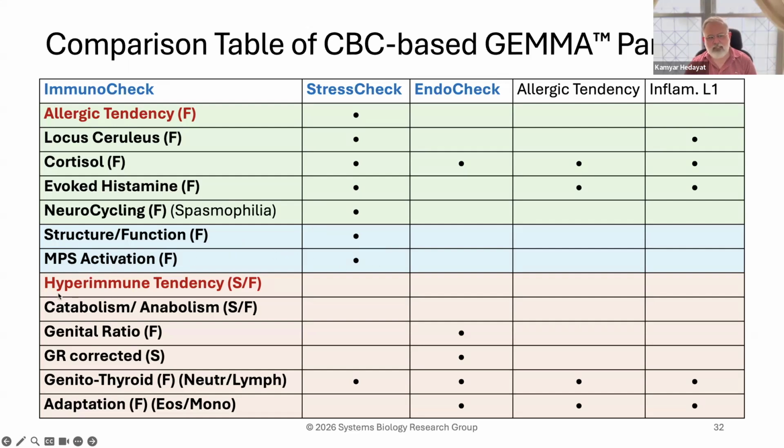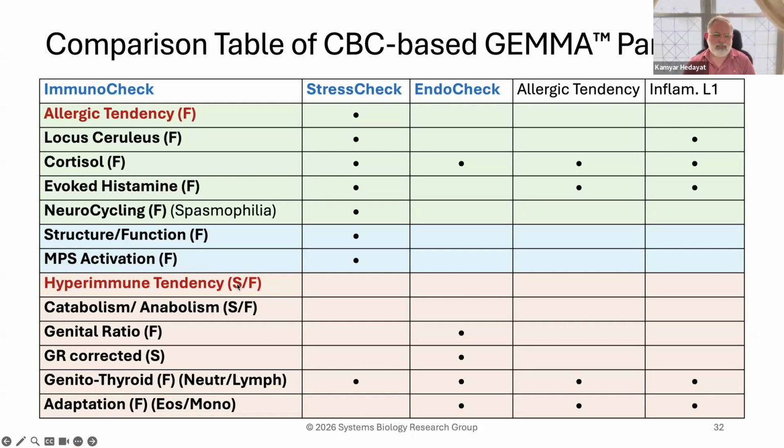Then we have a new index called the hyperimmune tendency, and all the components that go into determining it, which also specify what types of innate immune cells might be overproduced.